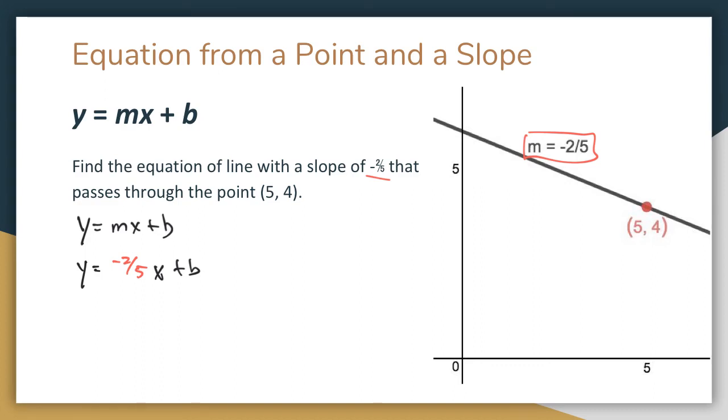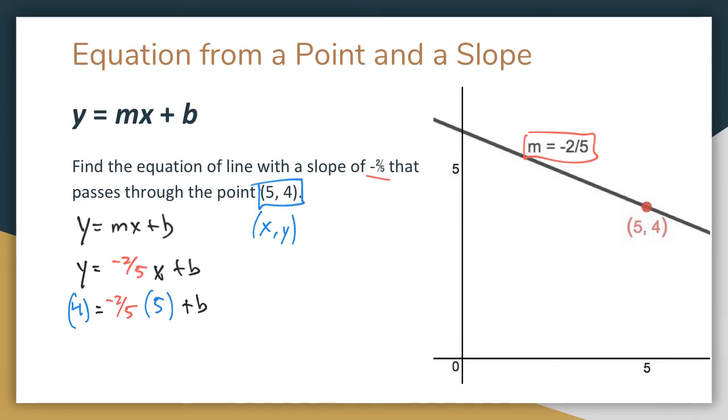We plug in the negative 2/5, and now we're going to take this other coordinate point that we're given, which is (5, 4), and plug that in, because that is a coordinate point of (x, y). So 5 is going to go in for x, and 4 is going to go in for y in your equation. You still have the negative 2/5 out front, and you still have the plus b you're trying to solve for.